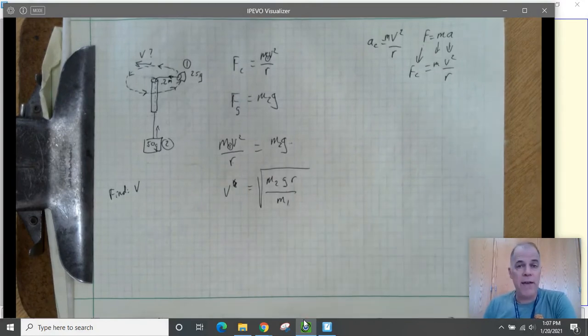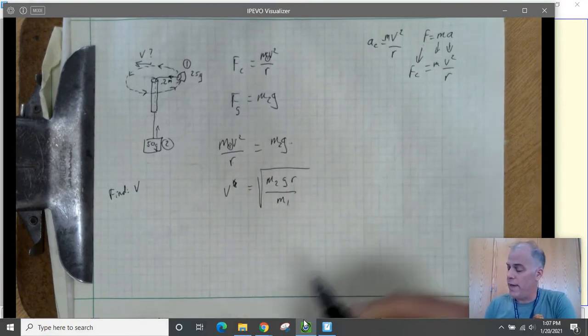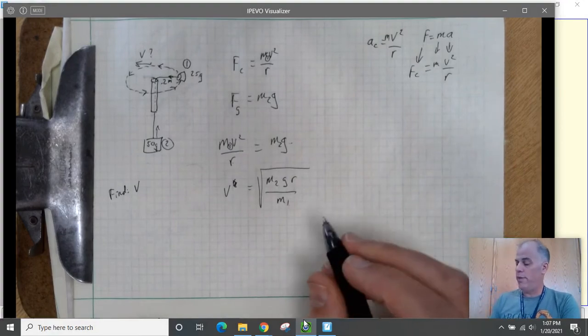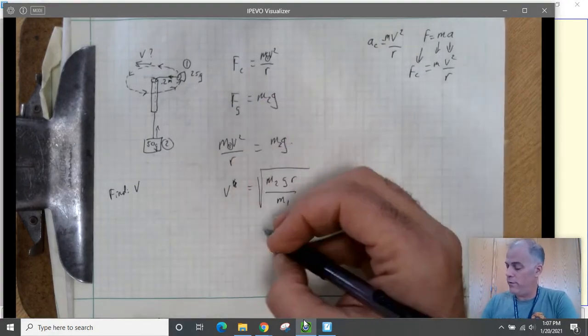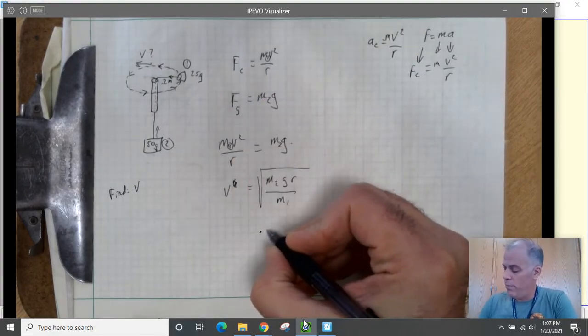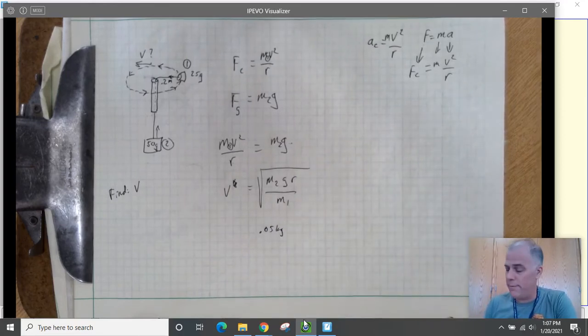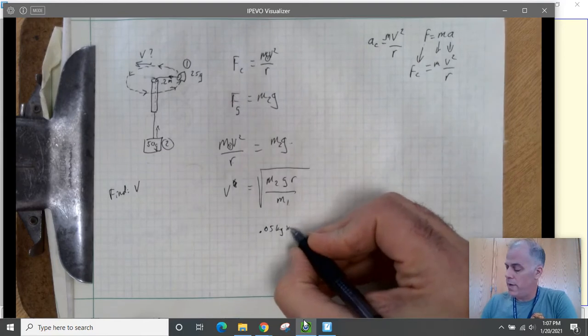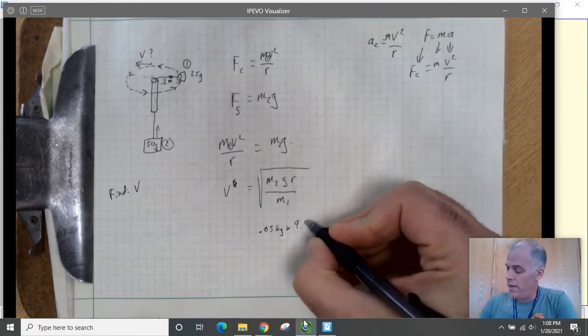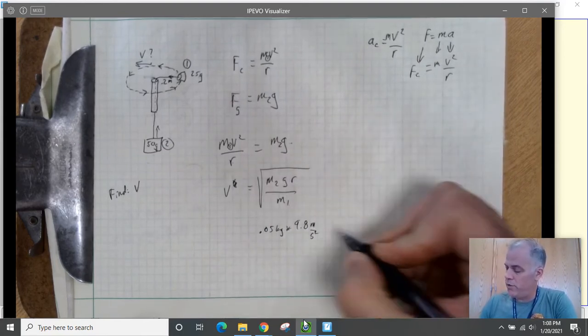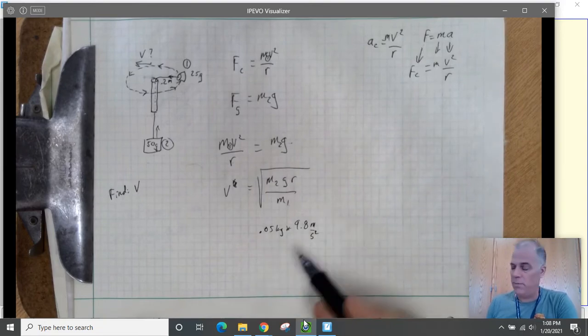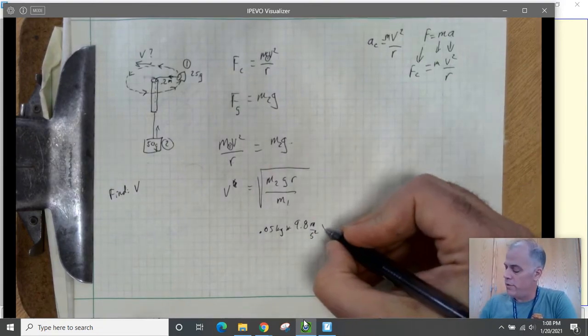And we actually do have enough to figure all this now. So we wind up with M2, that's 50 grams, or 0.05 kilograms, because we really have to keep things in kilograms to make all this work, times 9.8 meters per second squared. That's why we have to go to kilograms and meters, so that it's all the same.